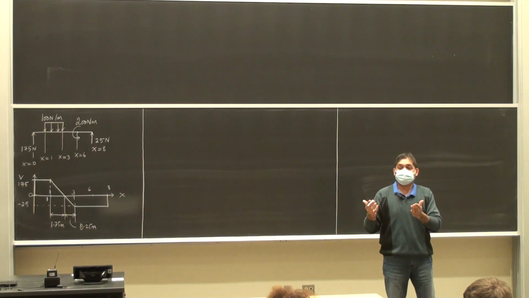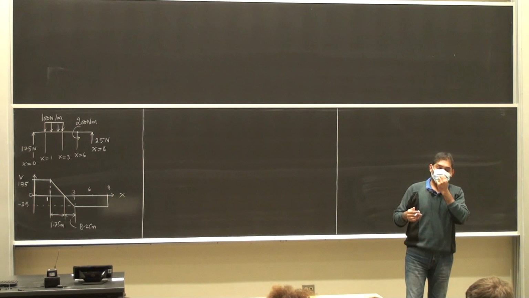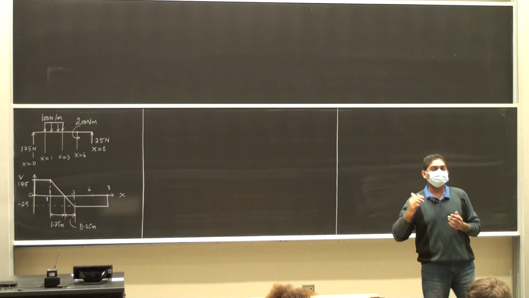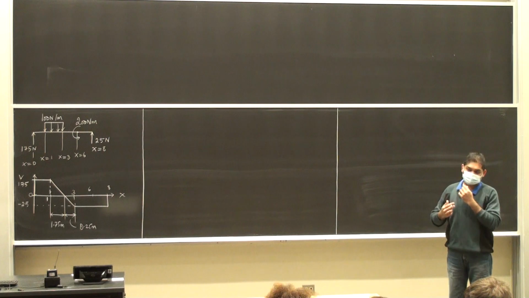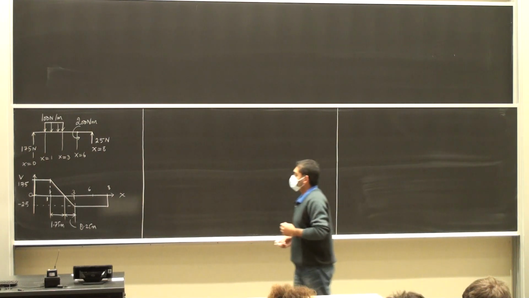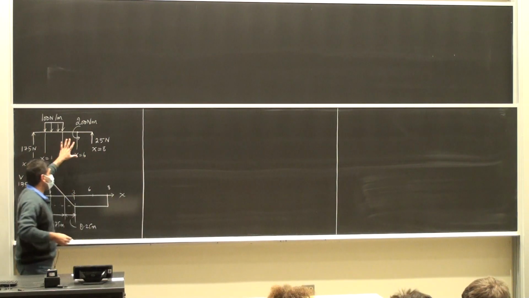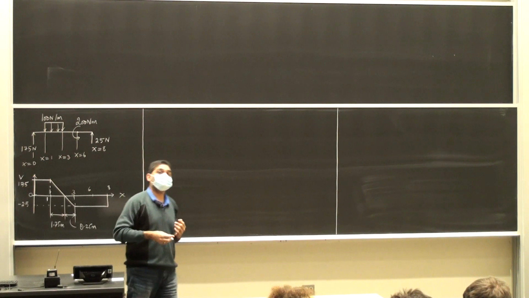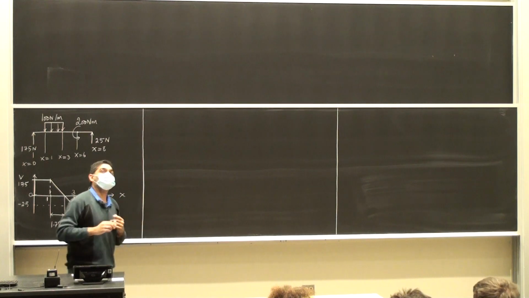If the slope is a quadratic, the curve is going to be a cubic. So the curve is always going to be 1 degree higher than the slope. That's exactly what I'm going to be talking about when I do the bending moment curve. Okay. All right. So you need this. You need this. I'm not going to do the bending moment calculations. We already completed that. I just want to see how to draw that curve. Okay.